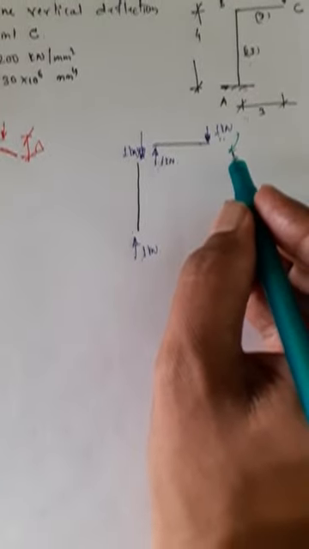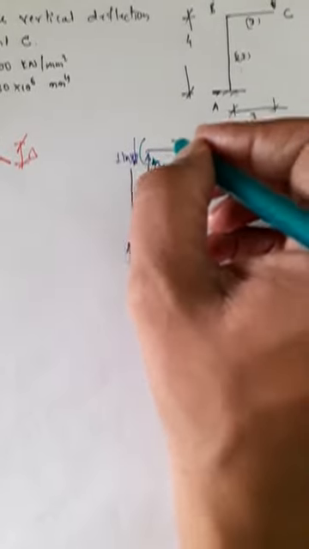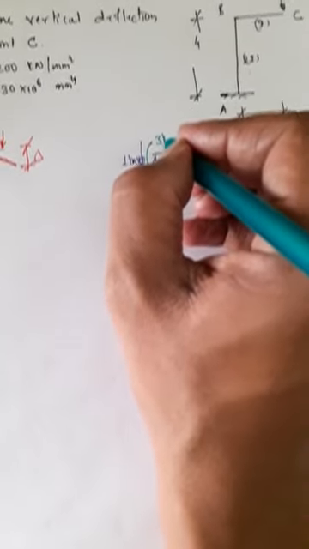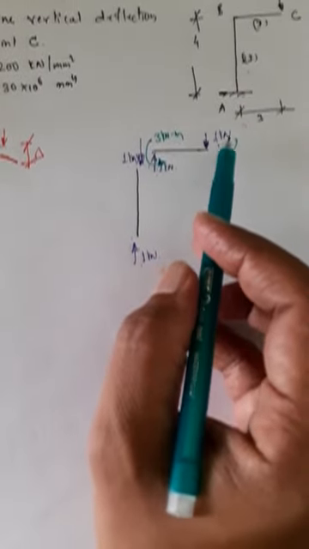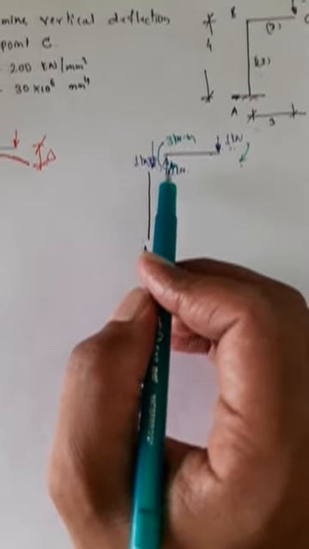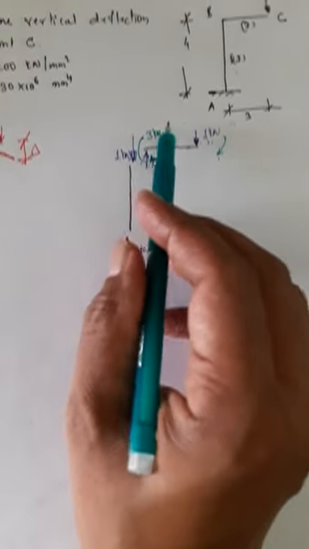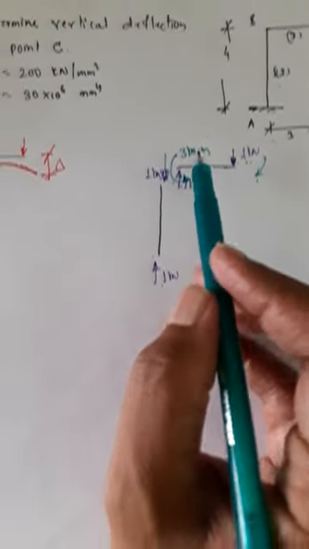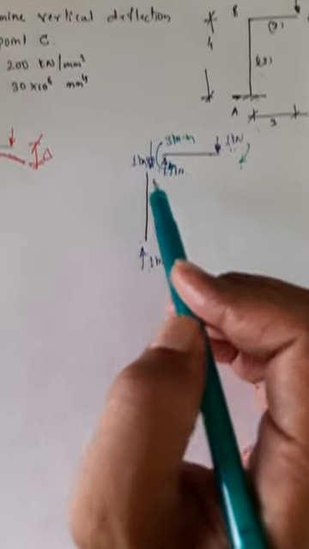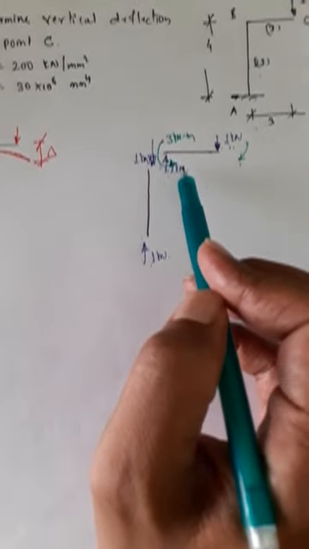So equal and opposite to this, 3 kilonewton meters. When I apply this, its couple is balanced here. Now I have balanced the moments for this section BC. Now I have to balance the couples for joint B. This is acting anti-clockwise.